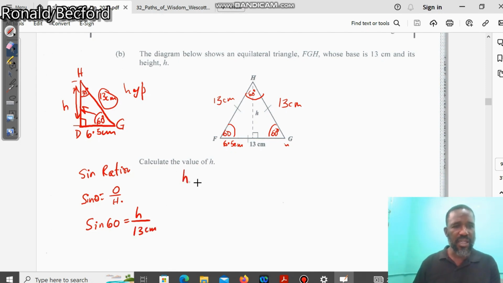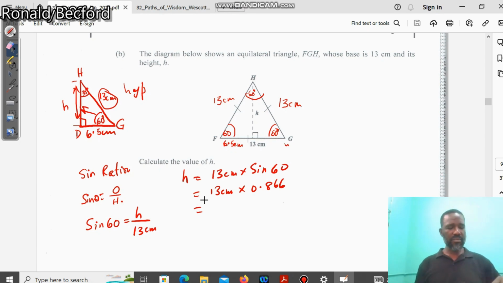So therefore, h is going to be equal to 13 centimeters times sine 60. Then the sine of 60 is equal to 0.866. So therefore, 13 times 0.866. Let's calculate that: 13 times sine 60 is equal to 11.26 centimeters. Okay, so that's one way.